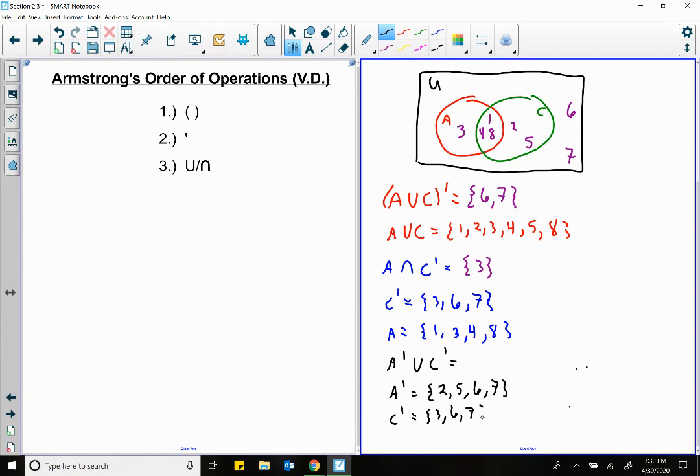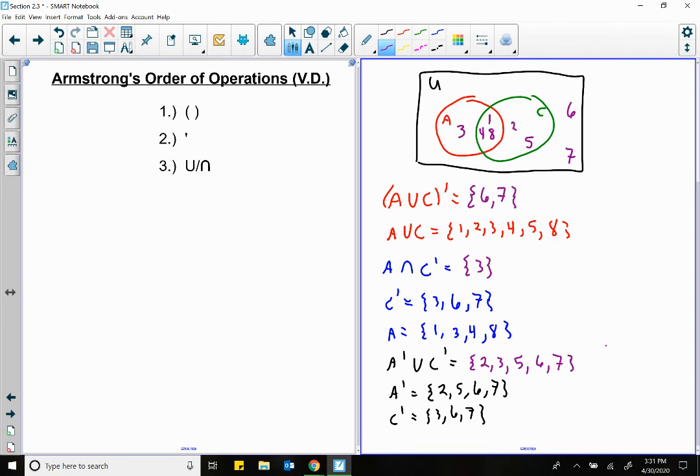All right. Now we deal with union or intersection, and we have union. Union means give me everybody. So between these two sets, I want you to write all the numbers down. So who do we have in the union of A complement, C complement? We have 2, 3, 5, 6, and 7.